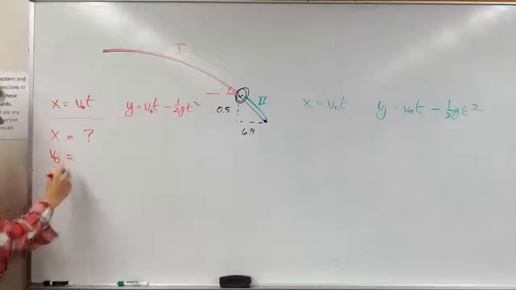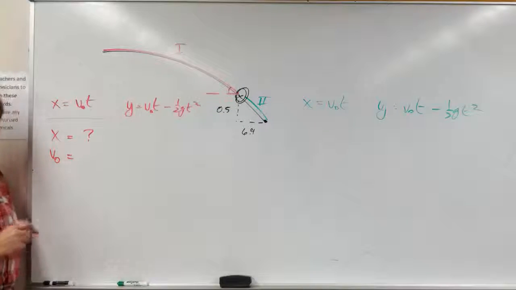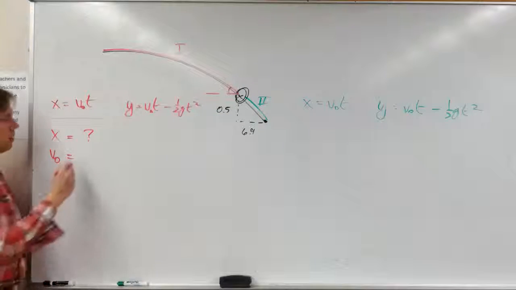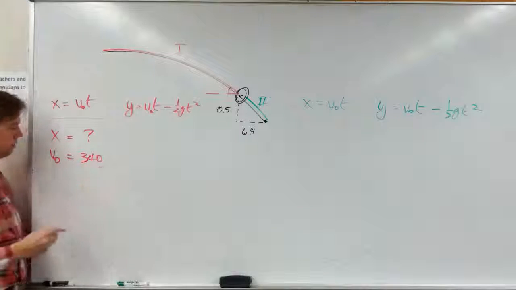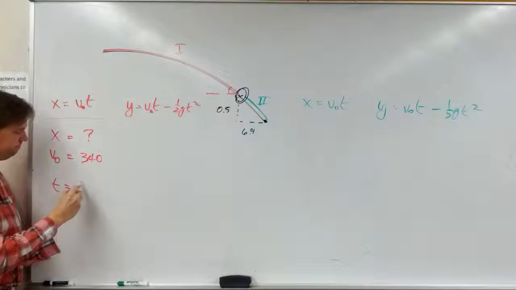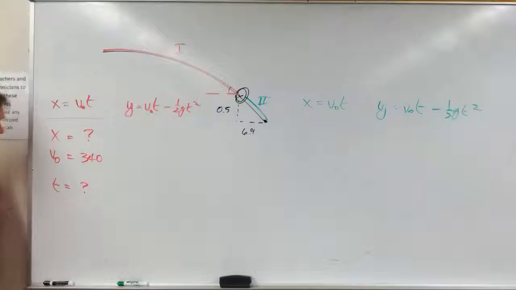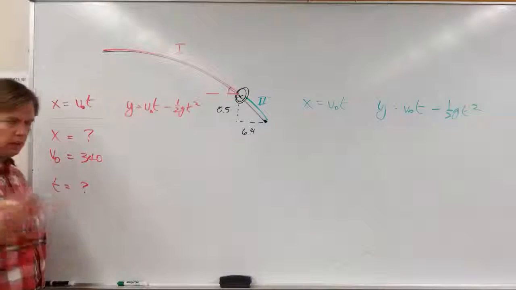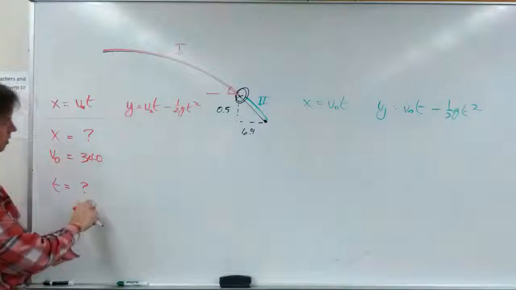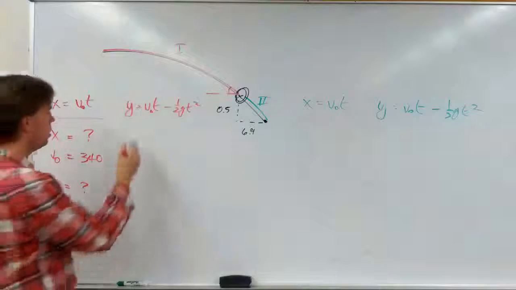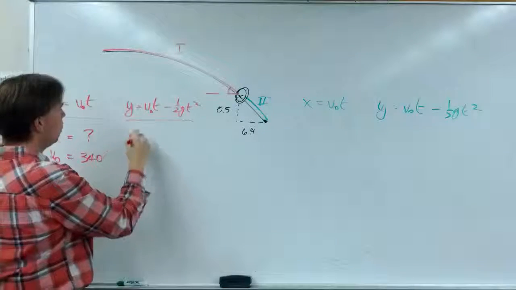Okay, the initial speed in the x direction. Do I know this? Yes, that actually does happen to be one of the things I know: 340. T? No. Don't know that. But like we saw in the previous problem, that's one of the things that connects these two, so I might want to know it.